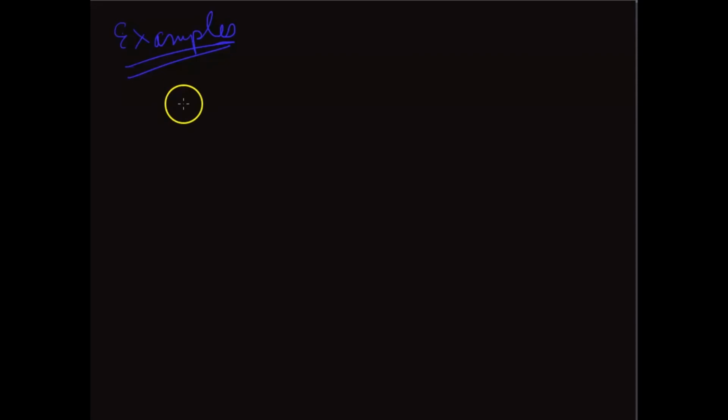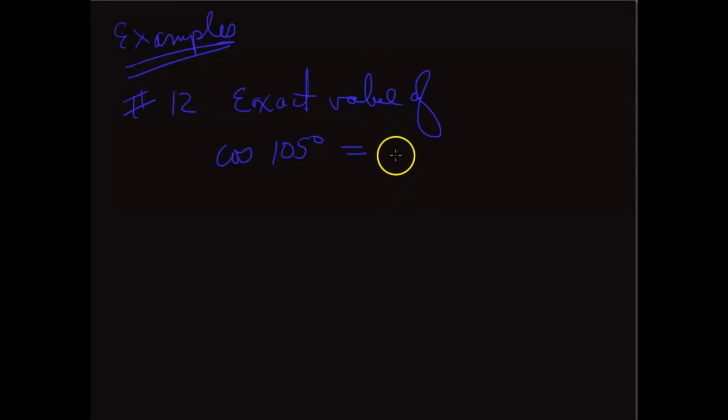What is the exact value? This is number 12. We want the exact value of the cosine of 105 degrees. And you might say, hold it, exact values. Mr. Anderson always said that would probably be special angles. Well, it is. What two numbers add up to 105?